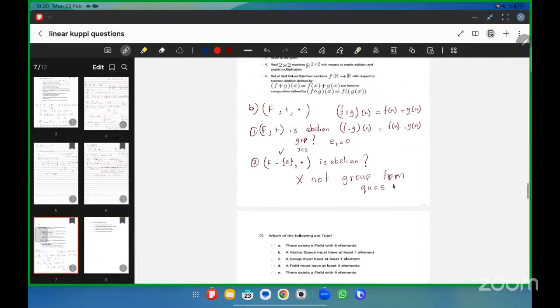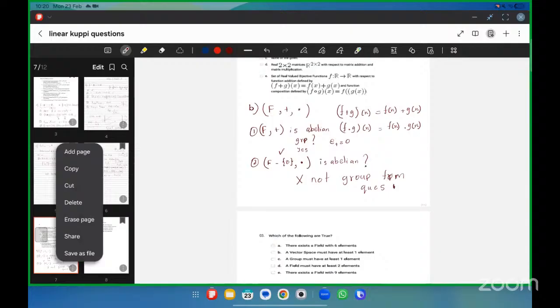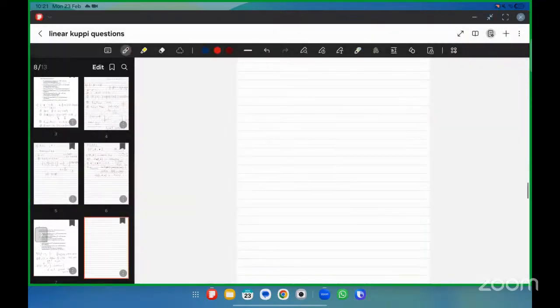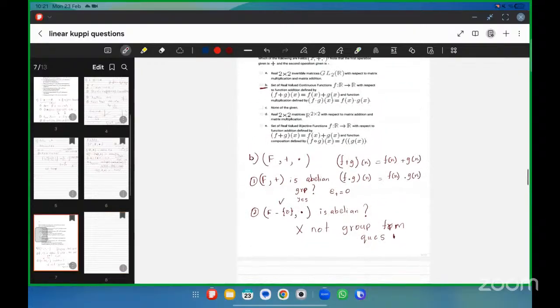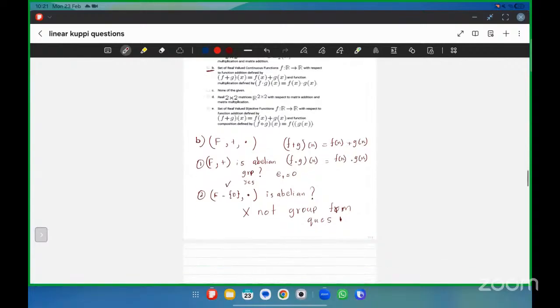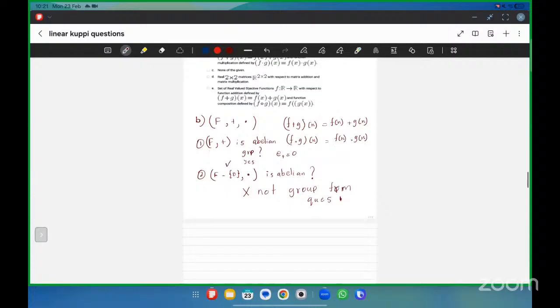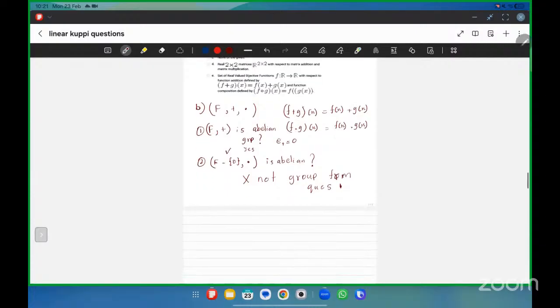So if it is not a group, we can't say it's a field. So the second condition is not fulfilled, and we can conclude it is not a field.